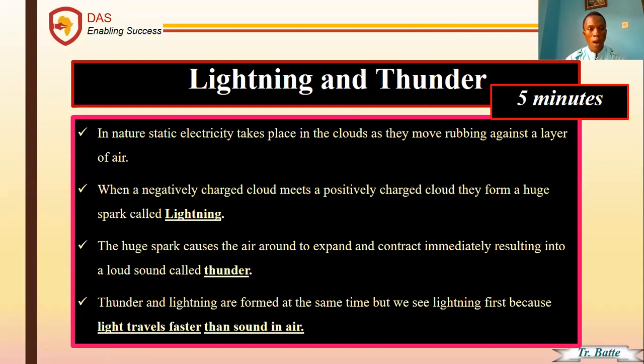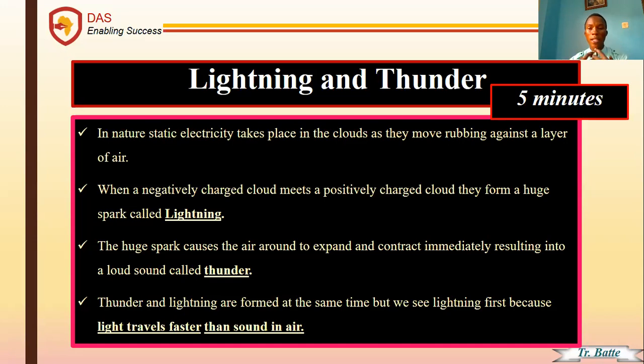It takes place when a negatively charged cloud meets a positively charged cloud, due to collision of clouds of different charges. We shall have a cloud of positive charges and a cloud of negative charges.